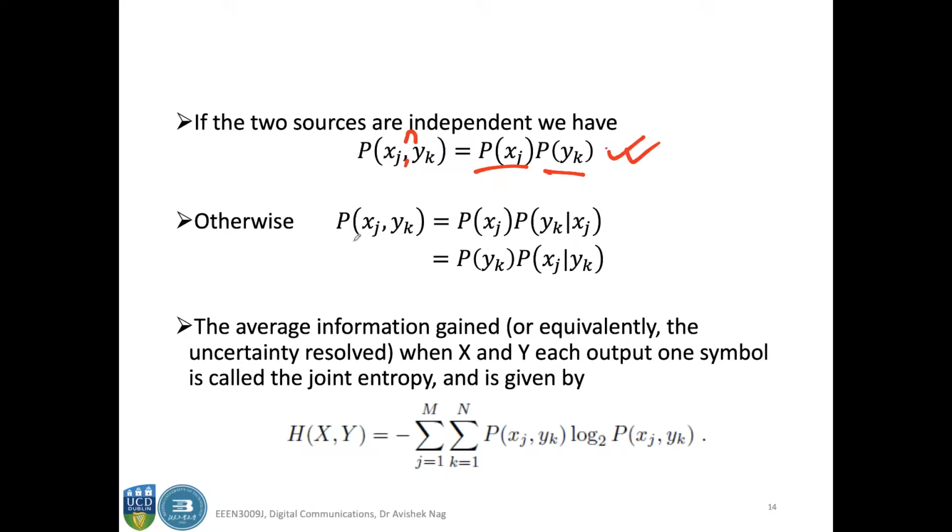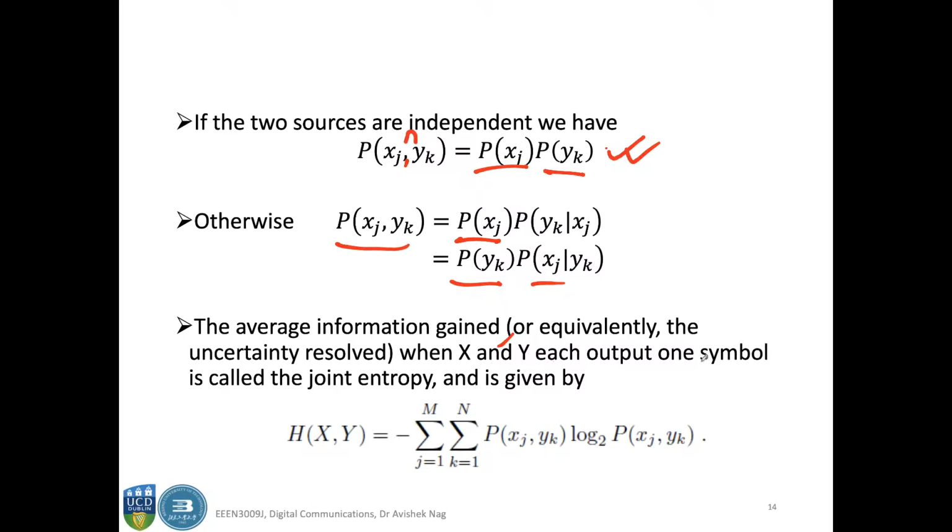If they are not, then you can write this joint probability using Bayes rule as the individual probability of xj multiplied with the conditional probability of yk given xj, or you can also write it in this form, probability of yk multiplied with the probability of xj given yk.